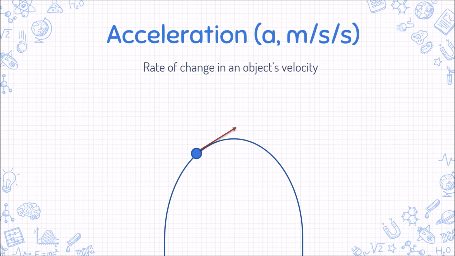So while we had projectiles, say, we would look at the acceleration in the y direction because we were accelerating because of the force of gravity, but we would not have any acceleration in the x direction. So this helps us remember that the vertical and the horizontal components are going to be independent of each other.